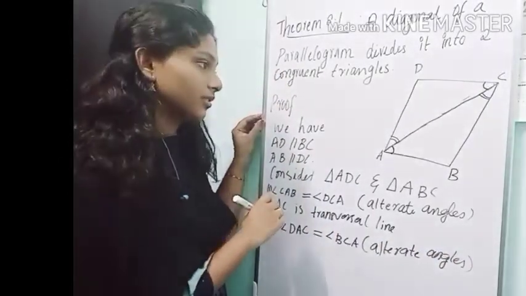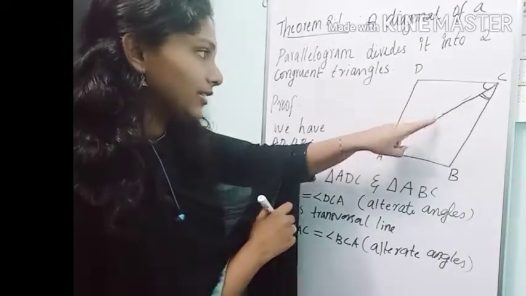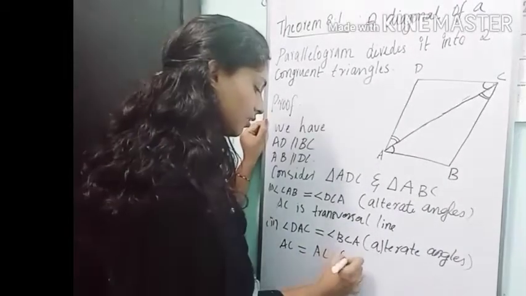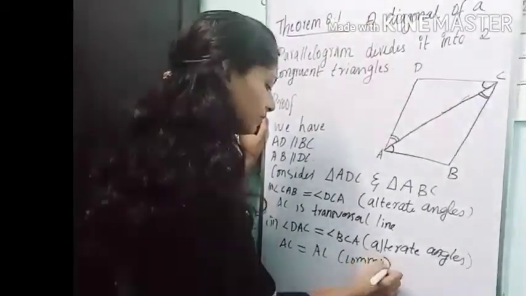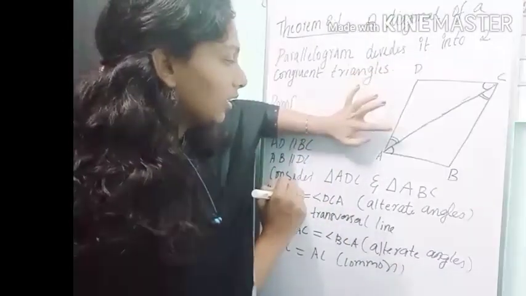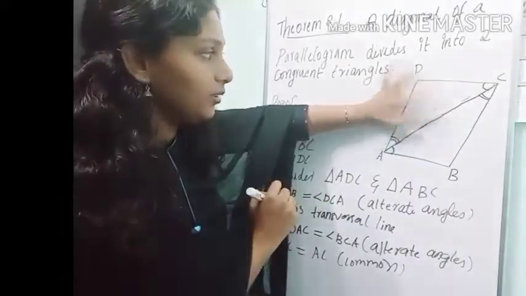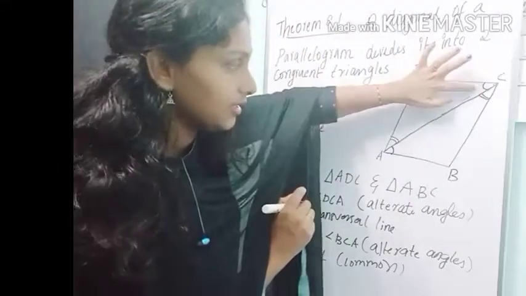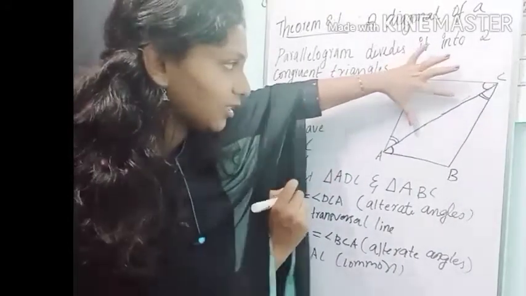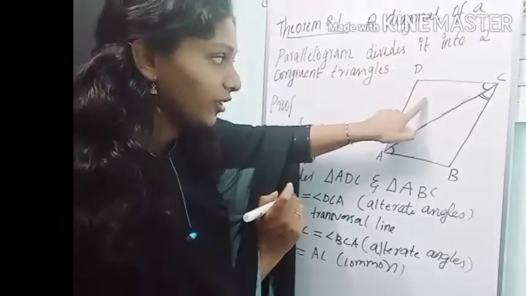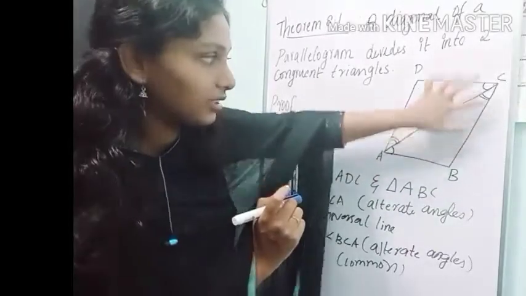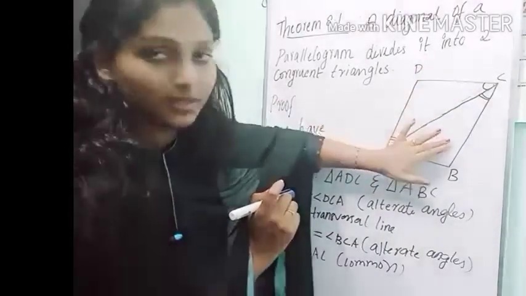Then what about the side AC? AC is common to both triangles. So we got, consider this triangle: this angle and the included side of the first triangle are equal to this angle and the included side of this triangle.